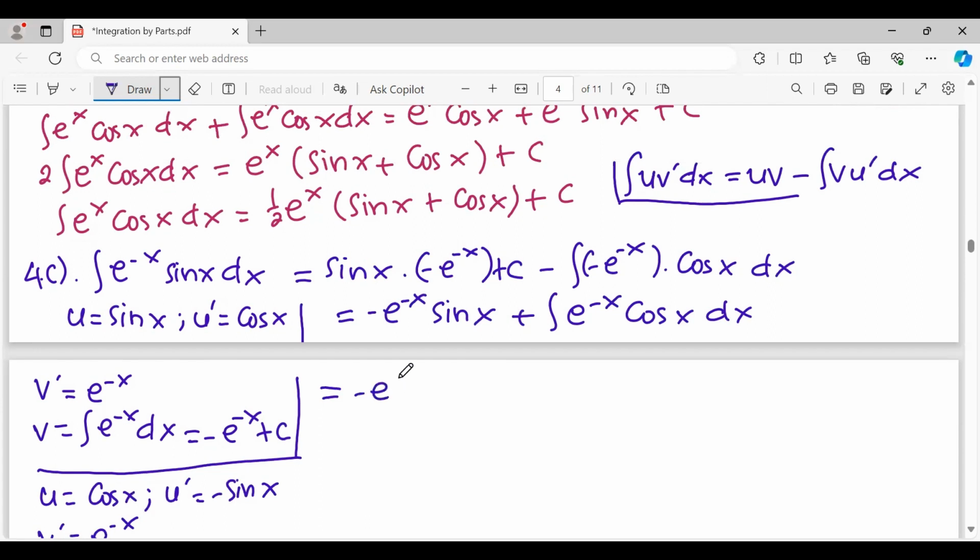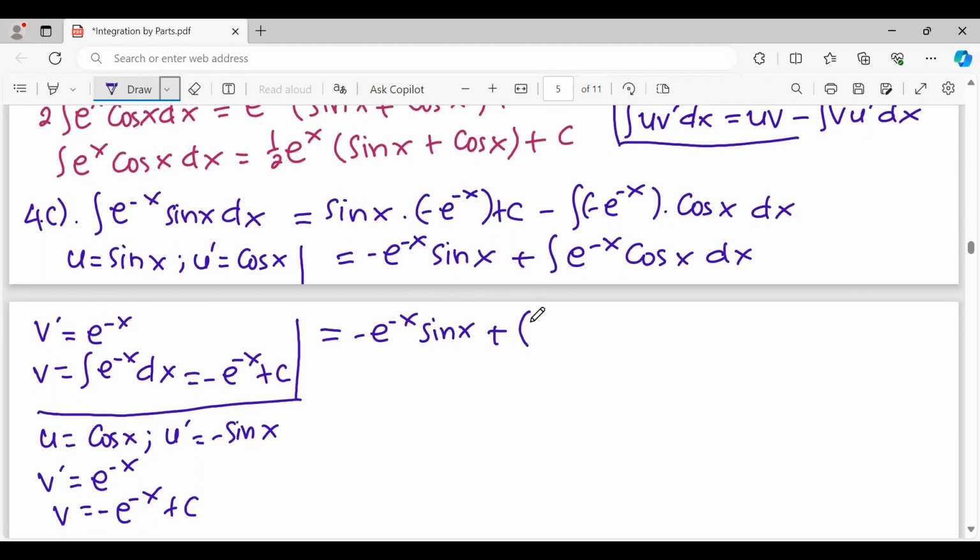It comes minus e power minus x sine x plus the second integration by parts, u times v.